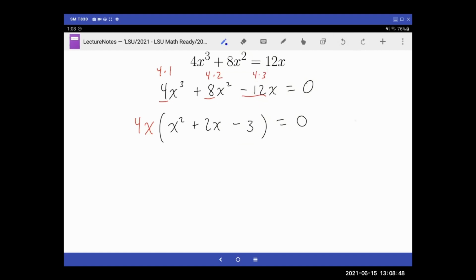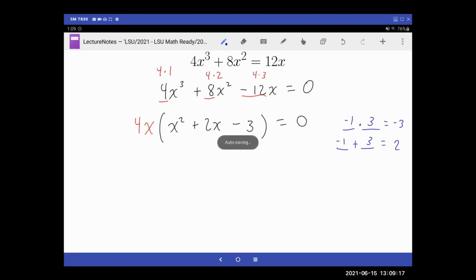I'm looking for two numbers that if I multiply them together, they will equal that negative 3. But if I add those same numbers together, they will equal this positive 2 here. And so I run through a list of numbers in my head, and I come up with negative 1 and positive 3. Those two multiply together and give me negative 3. They add together to give me 2.